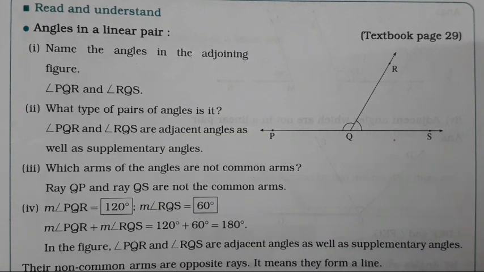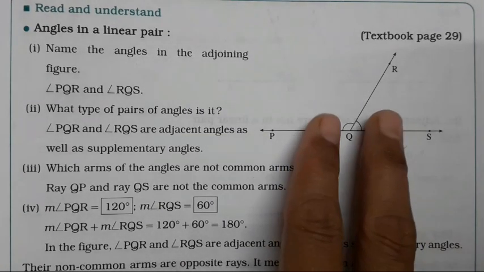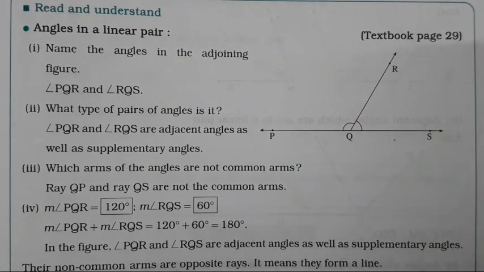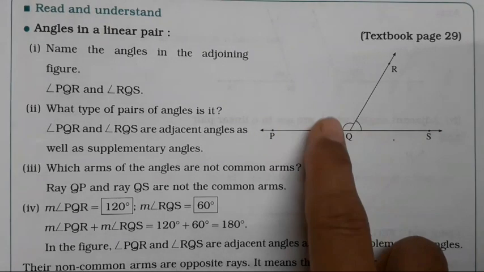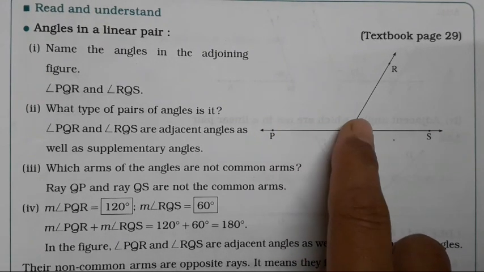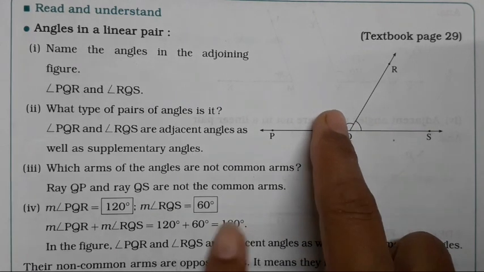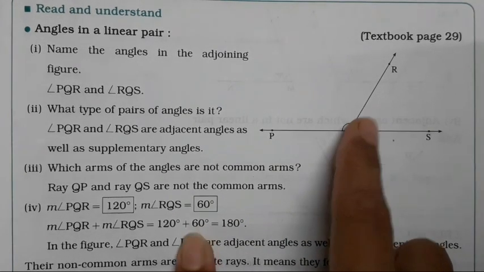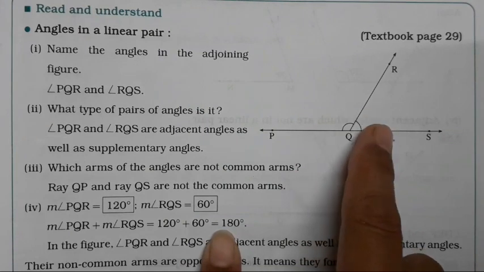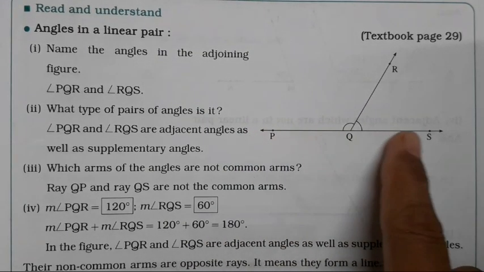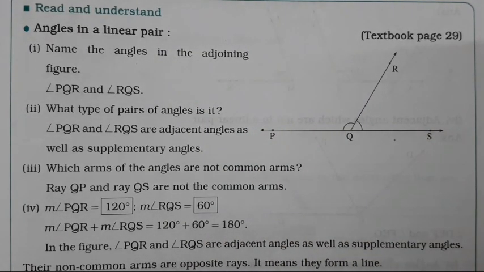Linear pair means the angles which together form a 180 angle. Suppose this is 120 and this is 60, the example has been given. So 120 plus 60, the total is going to be 180. So it will form a straight angle. I hope it is clear.